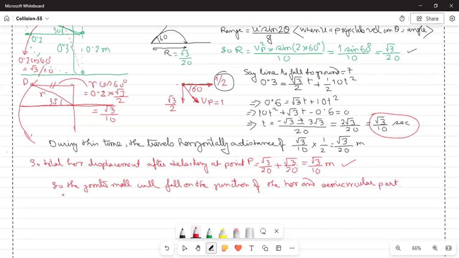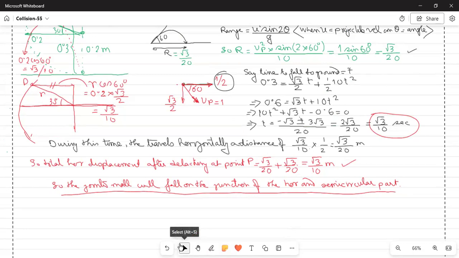Exactly from where the semicircular part started, after flying back, the body will fall once again at the same point.